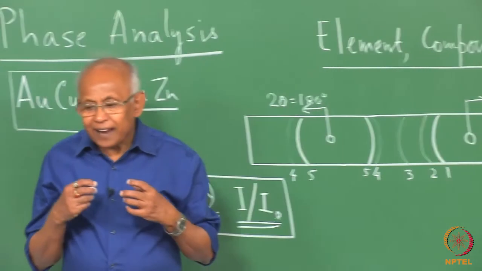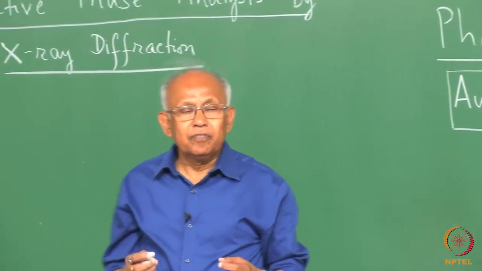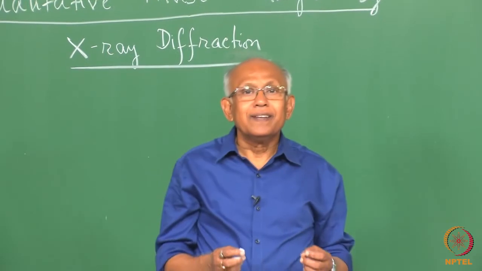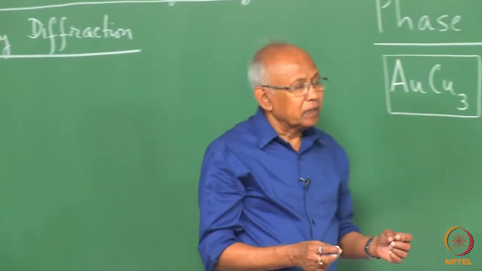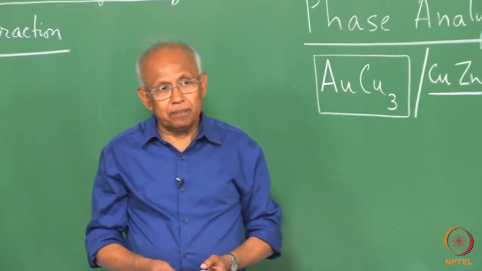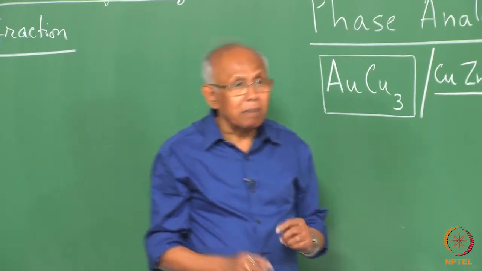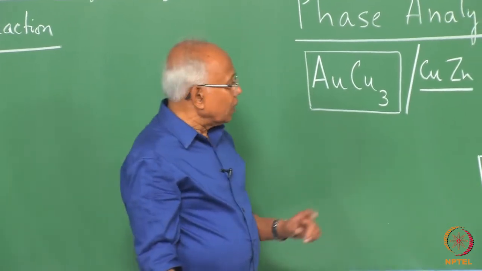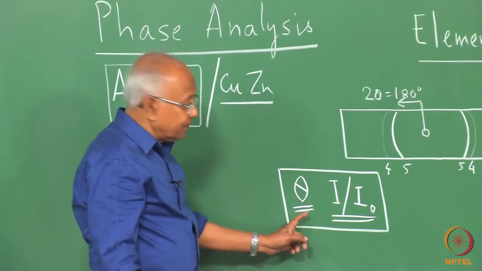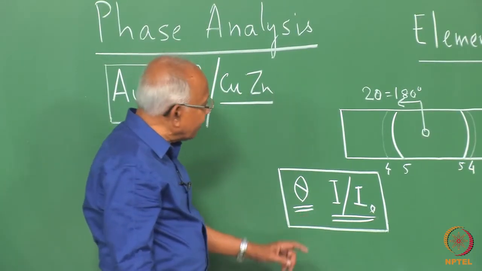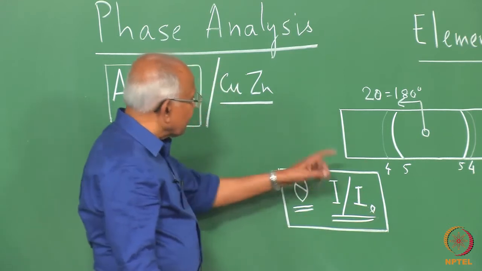The diffraction pattern from two different elements or two different phases cannot be the same. And when we talk about the pattern, we must remember two things: the locations of the lines on the pattern at certain theta values as well as their relative intensity of the lines.